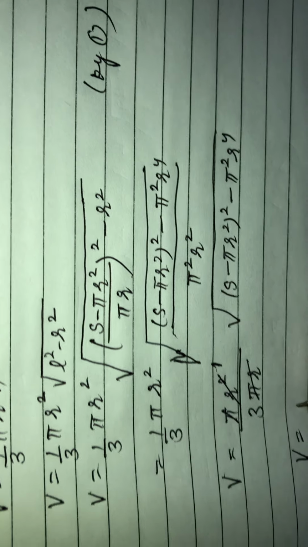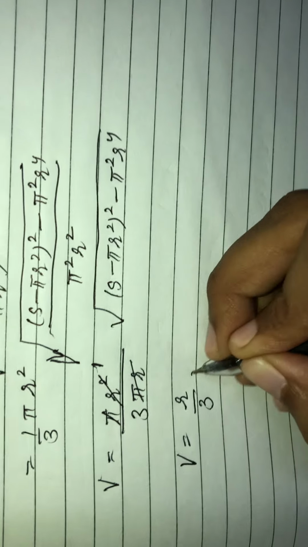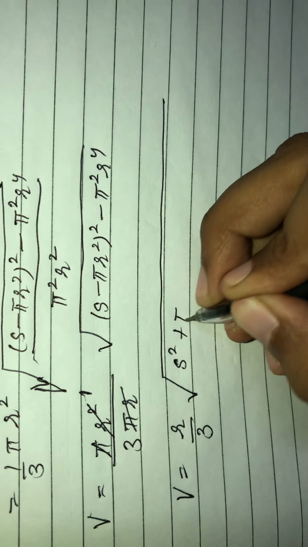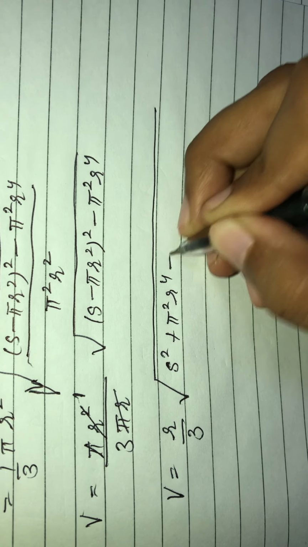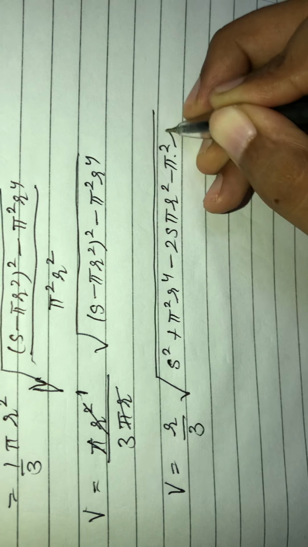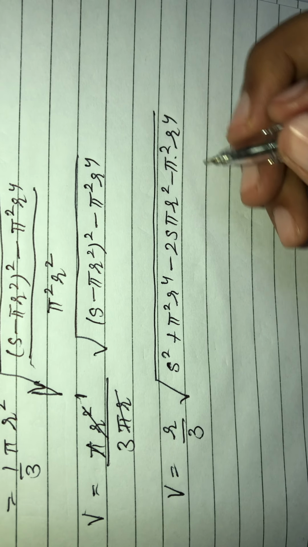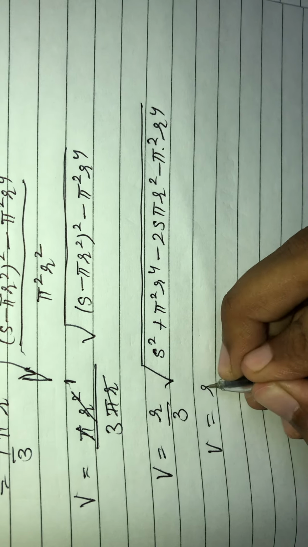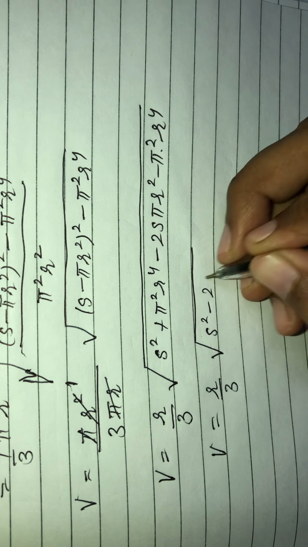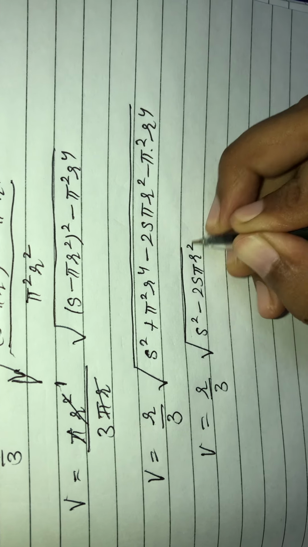So I am getting r by 3. After solving, I am getting s square plus pi square r^4 minus 2s pi r square minus pi square r^4. So after that, v is r by 3 under root s square minus 2s pi r square.